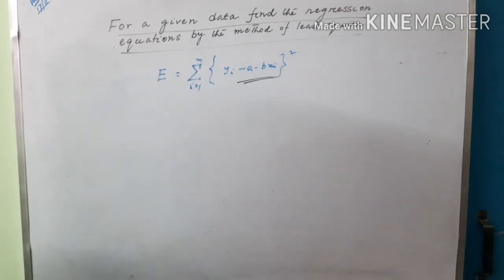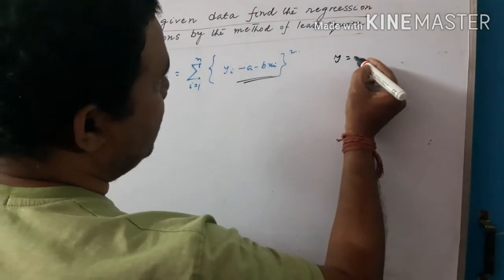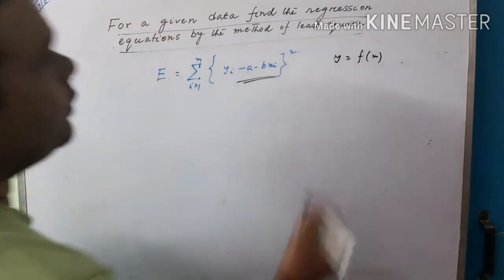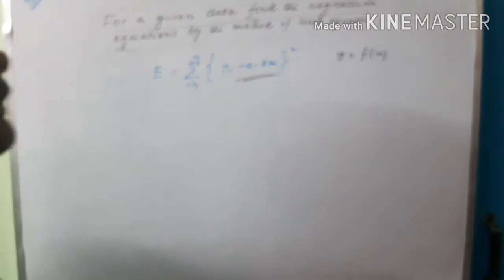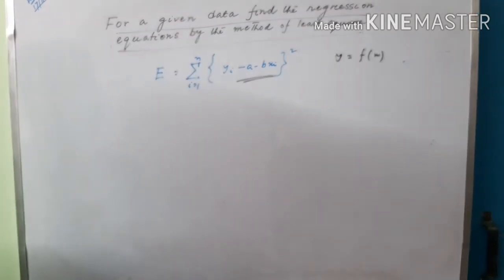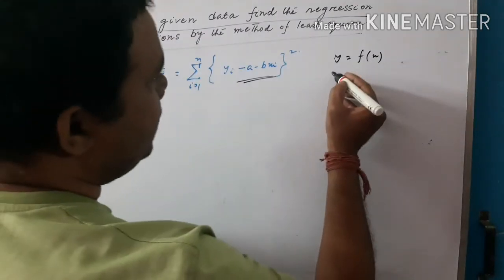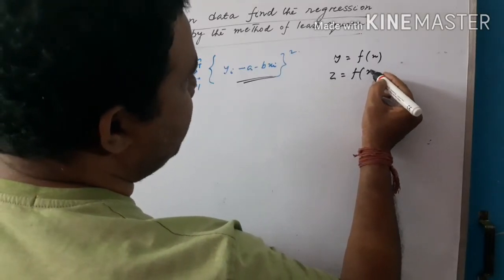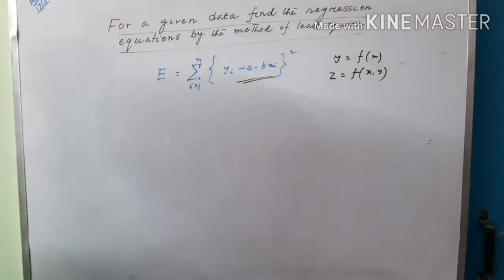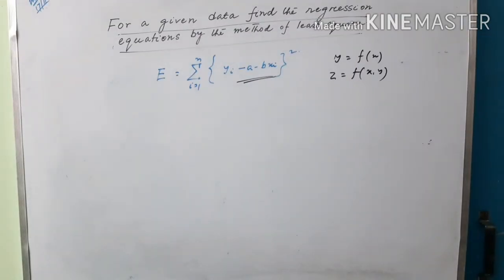Now the problem is that so far we have seen the derivative of a function of the form y equals f(x), and we write dy/dx equals f'(x). Clear? Now the question is, if we are given a function of the form z equals f(x,y), what is the RHS representing? The RHS is representing a function whose two variables are x and y, and in that case we use partial derivatives.